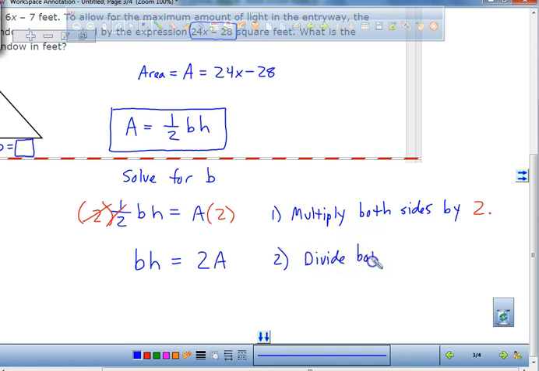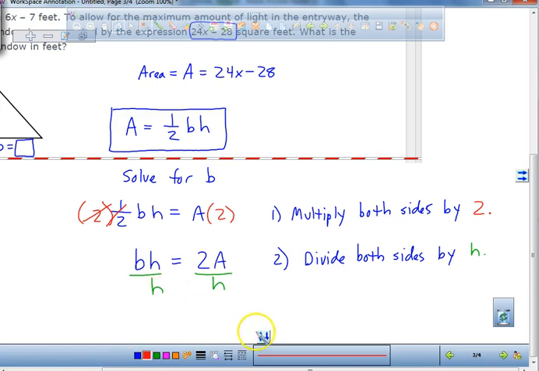Step 2. Divide both sides of the equal sign by h. We're going to divide this side and this side by h. What happens to these h's?